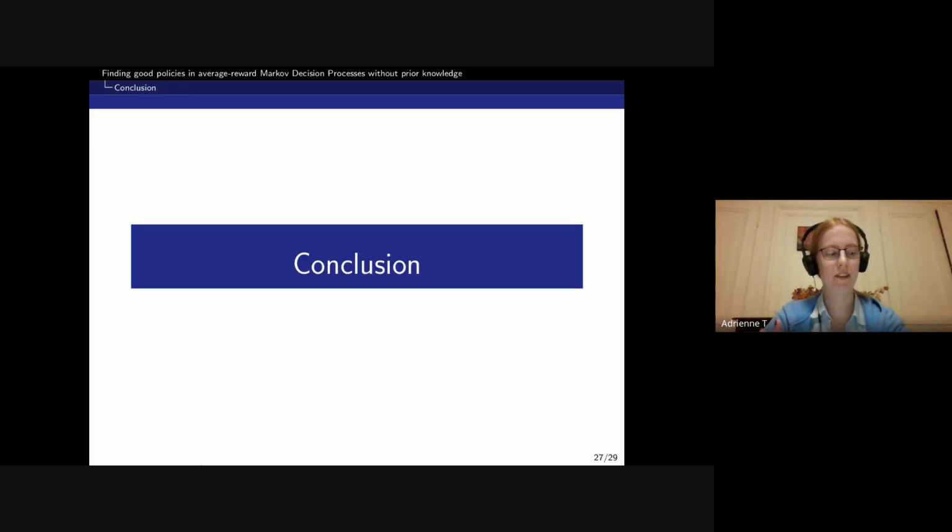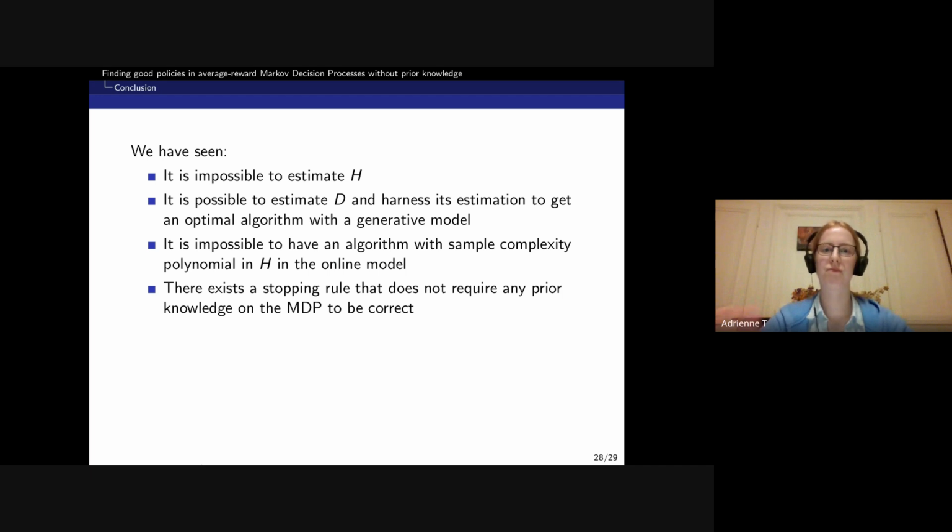So now let's look at everything that we've learned in this last 50 minutes and conclude a bit. So we've seen that it's impossible to estimate H. So if we don't already know it, we can't estimate it and then plug it into previously existing algorithms.